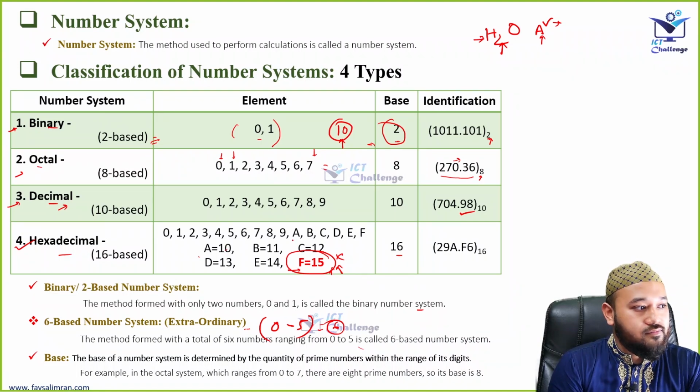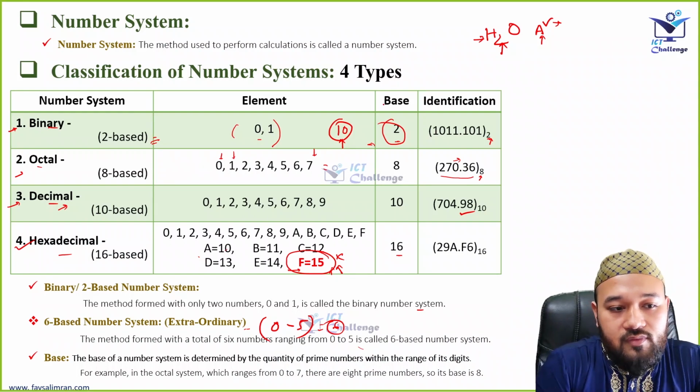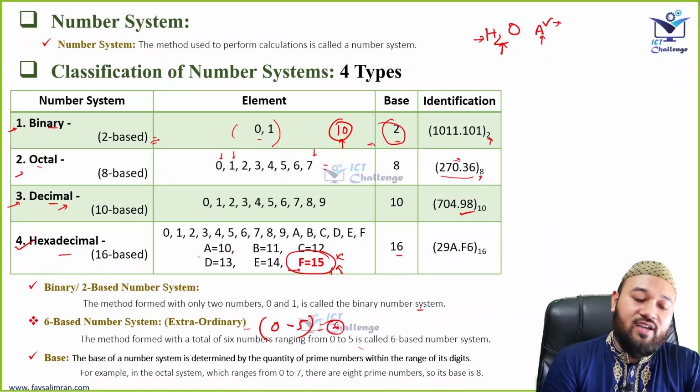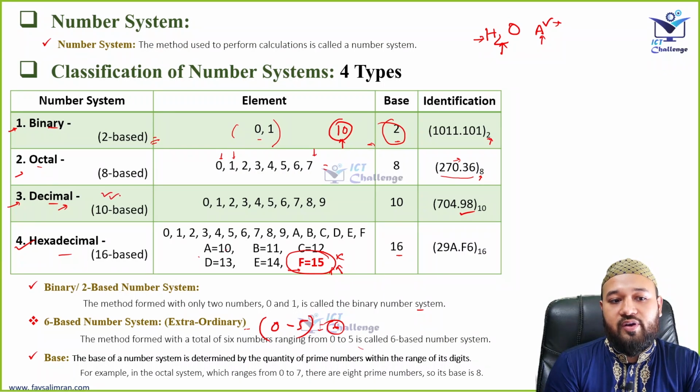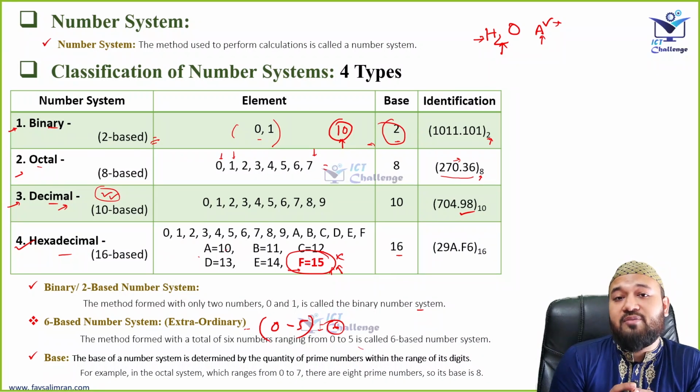Normally, when we write numbers we don't put any base. So in general cases, how will we identify the category? In general we use the decimal number system, so there is no need to identify it by writing the base. But in this chapter we have to write the base, because there are many kinds of number systems available here. In general we don't need to write any base, because we use the decimal number system in our daily life, but binary is used inside the device.